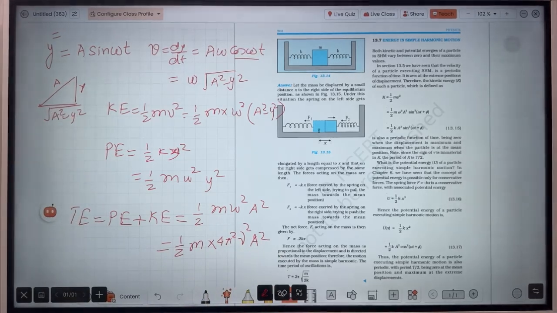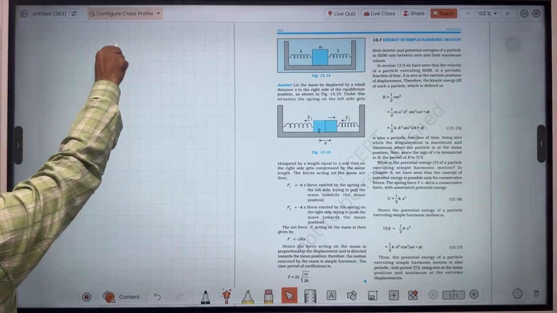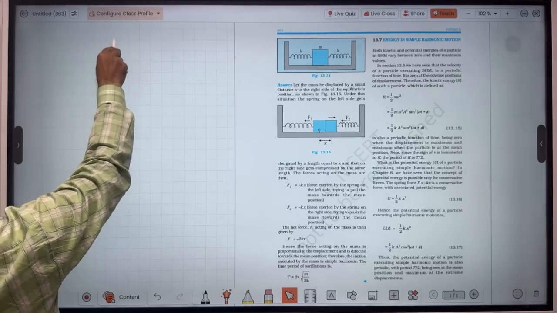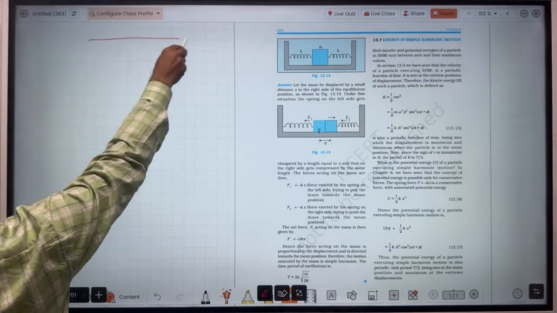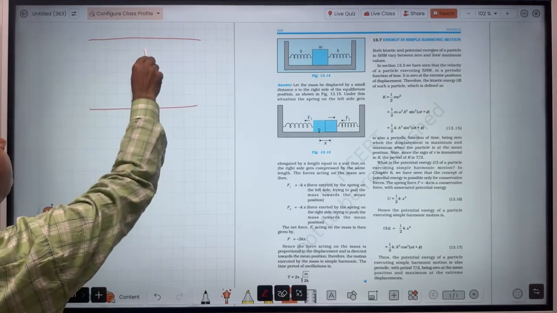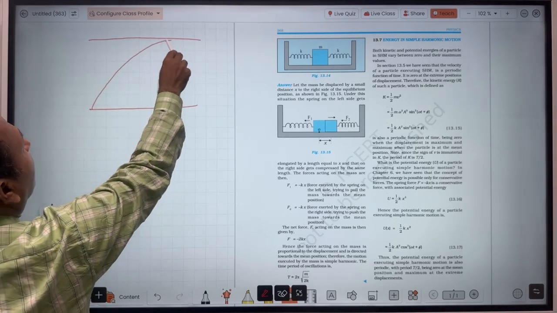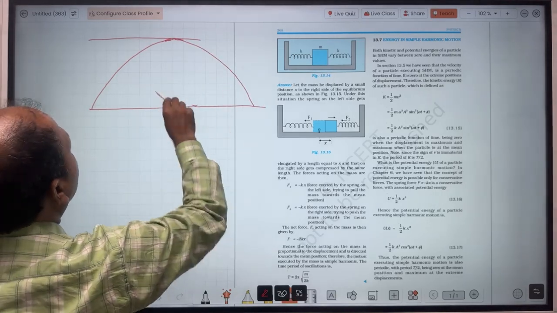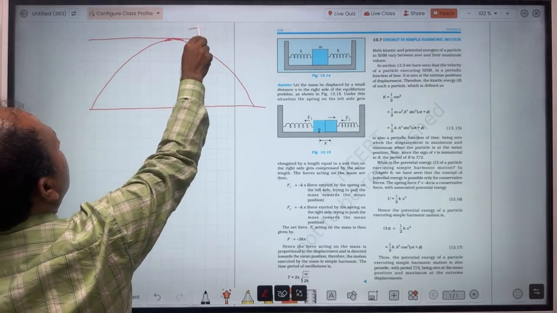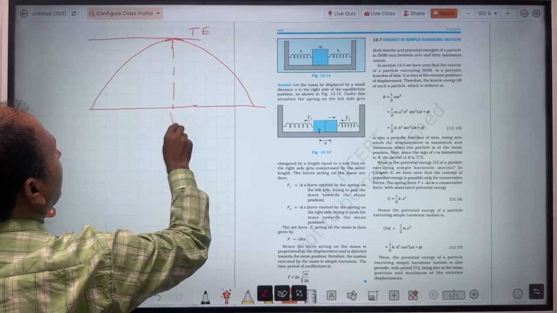So this is total energy. Now if we wish to plot the graph, the graph will look like this. Suppose here we are taking this as total energy, this is the mean position, right?